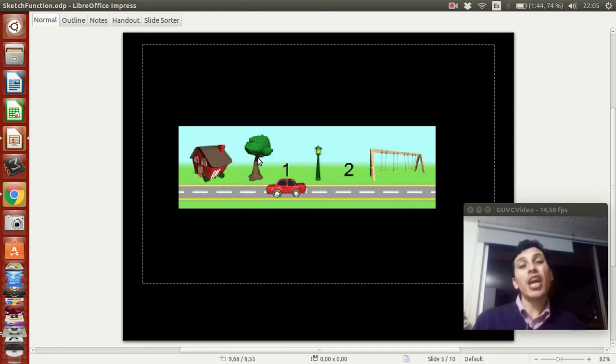But the tree doesn't change. What changes is the position. The tree is going to be the function. The main function doesn't change. The exponential function, logarithm, trigonometric function doesn't change. What is changing here is the position. This is what we call the argument.